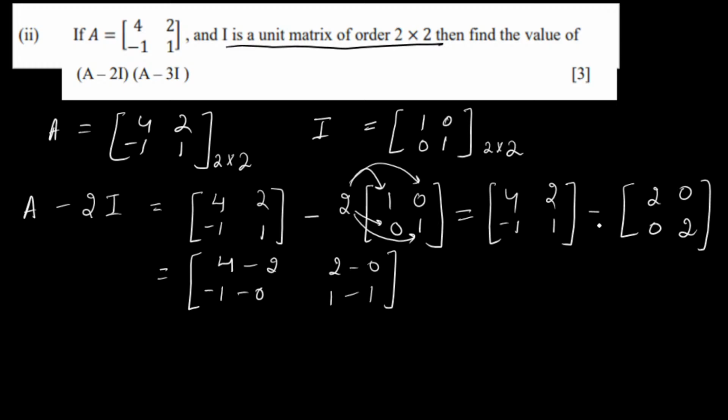In subtraction, the order should be the same, and corresponding elements we subtract, first with first, second with second. So 4 minus 2 is 2, 2 minus 0 is 2, minus 1 minus 0 is minus 1, 1 minus 2 is minus 1.